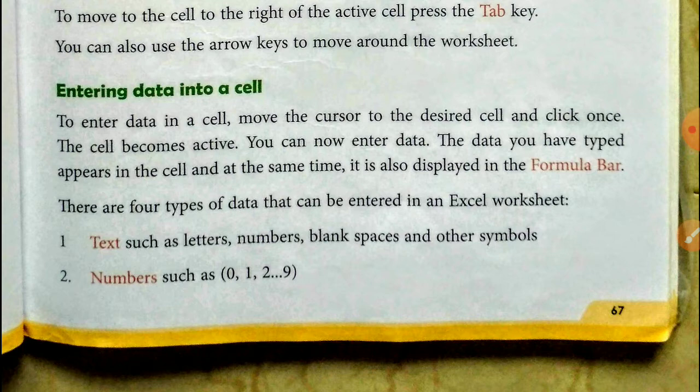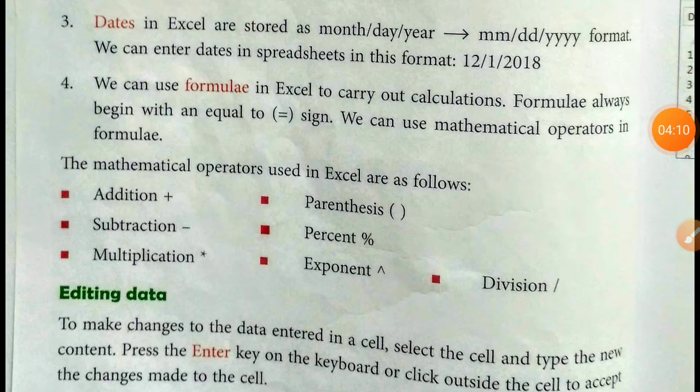Number 1, text, such as letters, numbers, blank space and other symbols you can enter. Second, numbers like 0, 1, 2, 3, 4, 5 and so on. Next is dates.